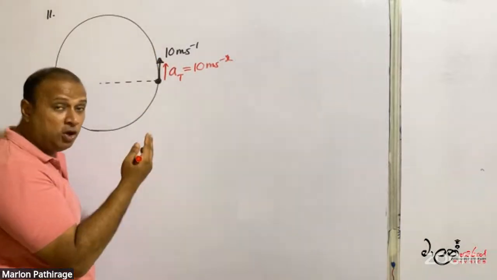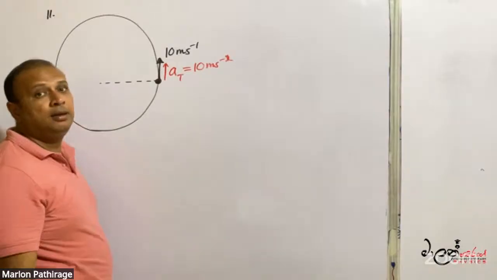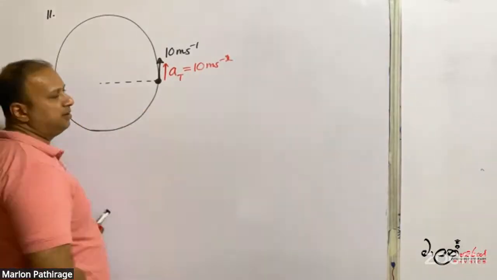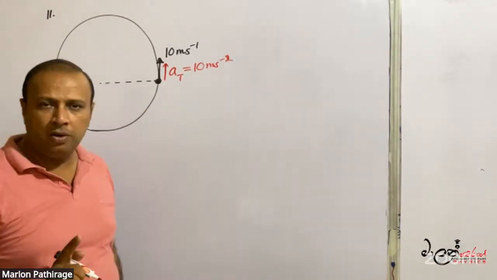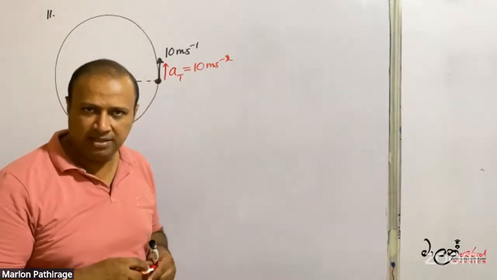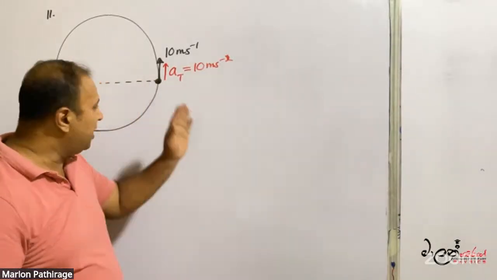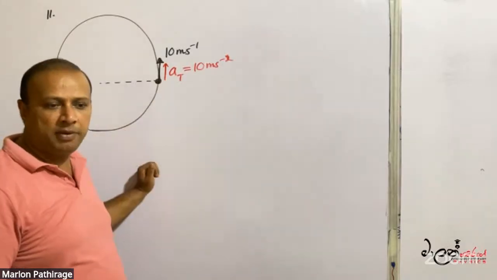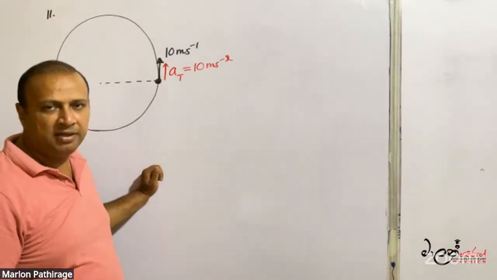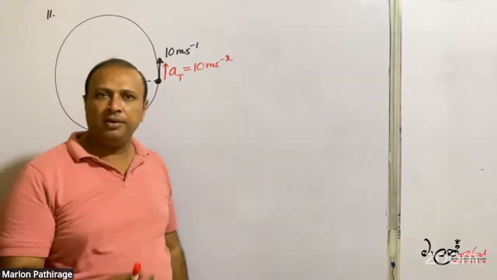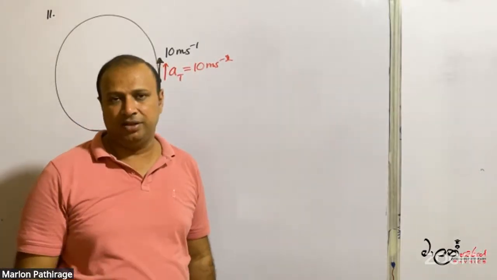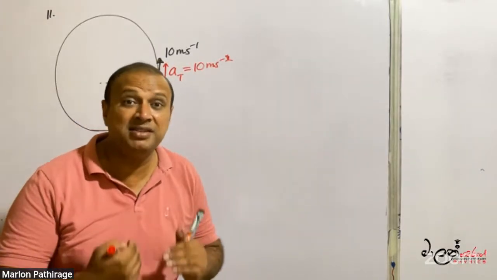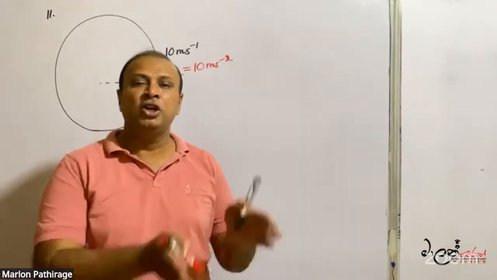Therefore, you have to find the resultant acceleration. As you know, the resultant acceleration means the resultant of the tangential part and the radial part. Therefore, you have to find the radial acceleration. Radial acceleration means centripetal acceleration.